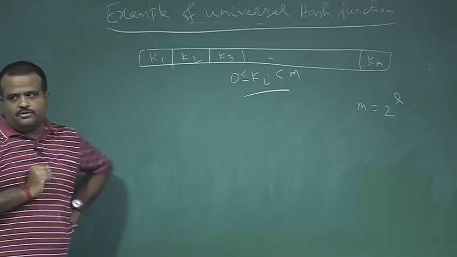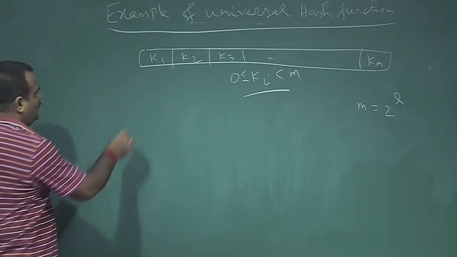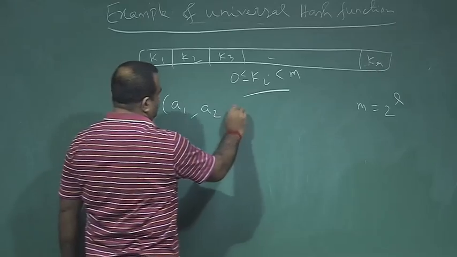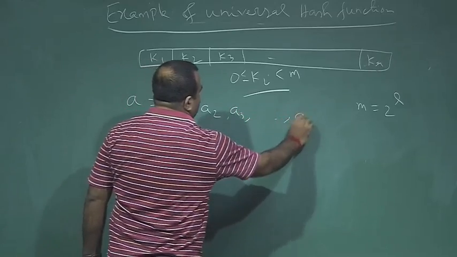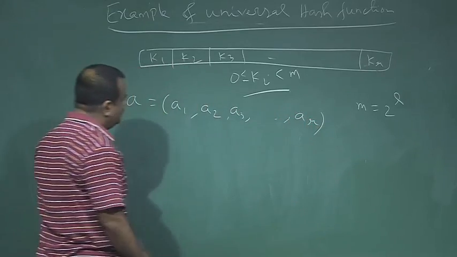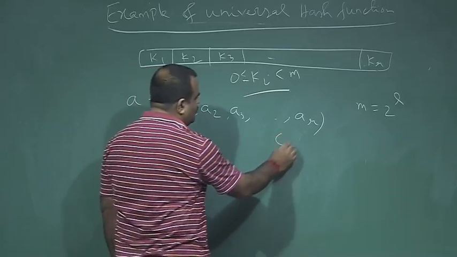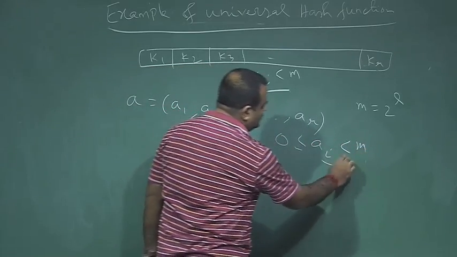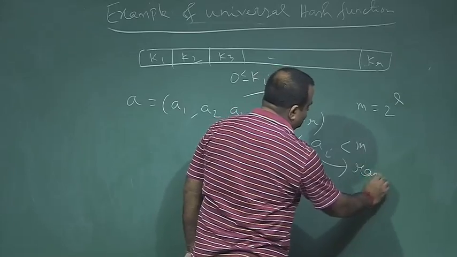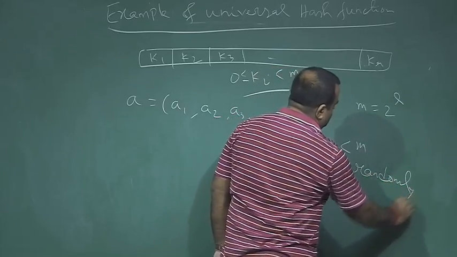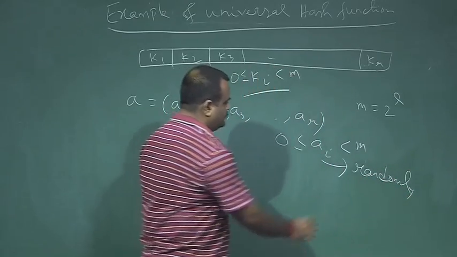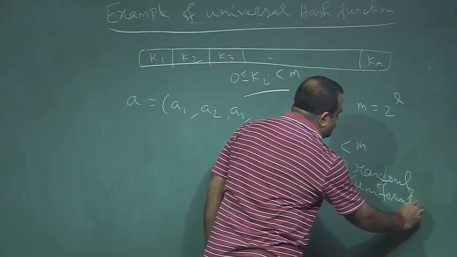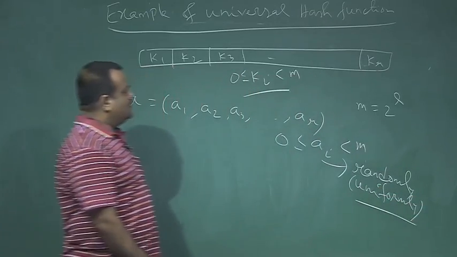Okay. So, now what do we do? We take a vector a randomly, a1, a2, a3, up to ar, and these ai's also lie between 0 and m, and each ai is chosen uniformly at random.